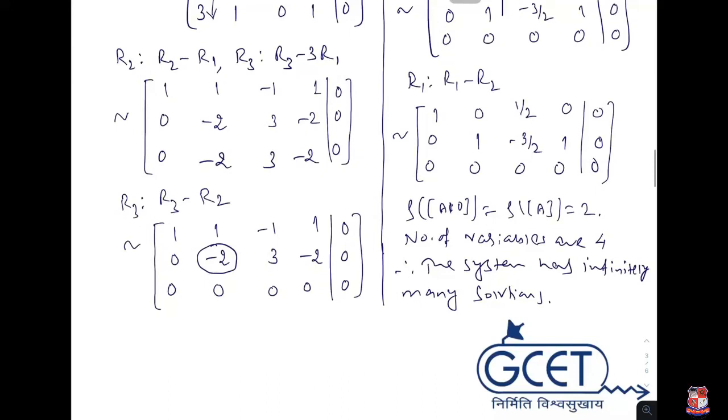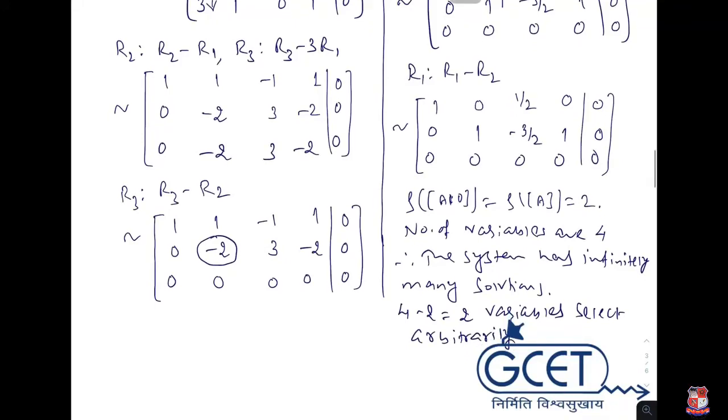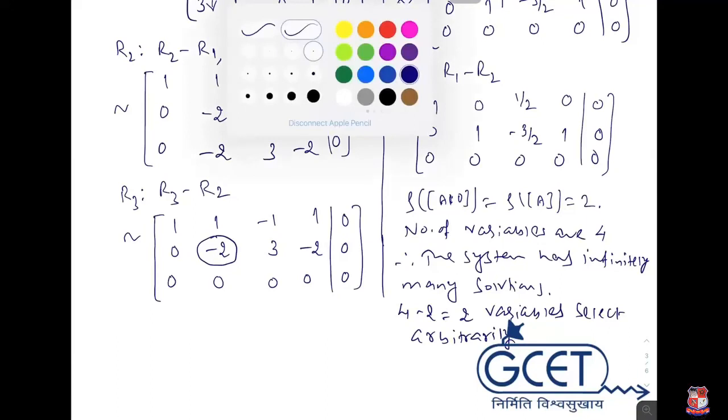And how many variables we need to assume arbitrarily? 2. So 4 minus 2 equal to 2 variables. Select arbitrarily. Okay, now where are the leading ones?